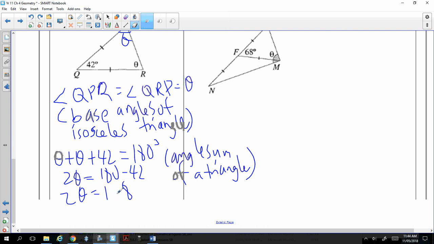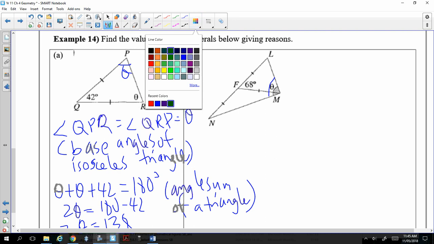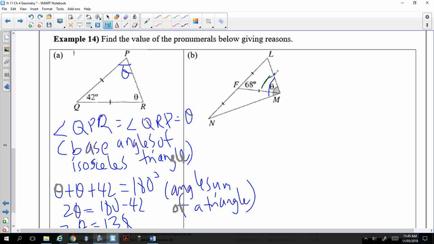Try to find theta. Theta is the whole thing. Okay, you have to find the missing angle first. So what you could do is maybe find this angle first, right? They're the same thing. So you say maybe find angle FML. To find FML, you're going to find 180 minus 68 over 2, right?